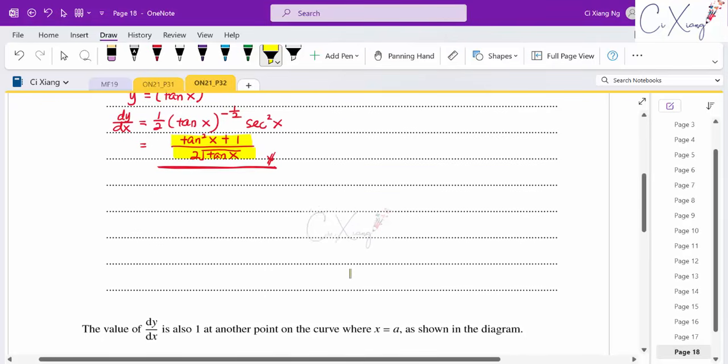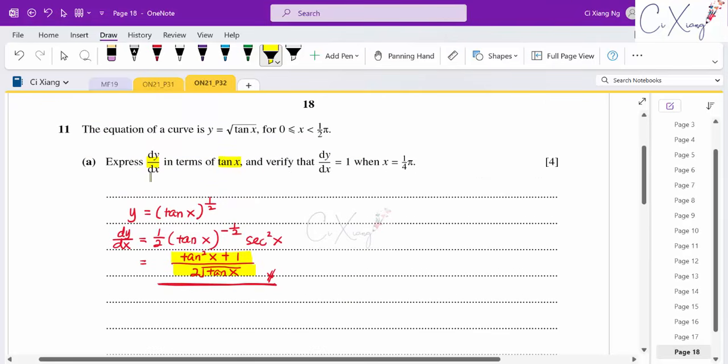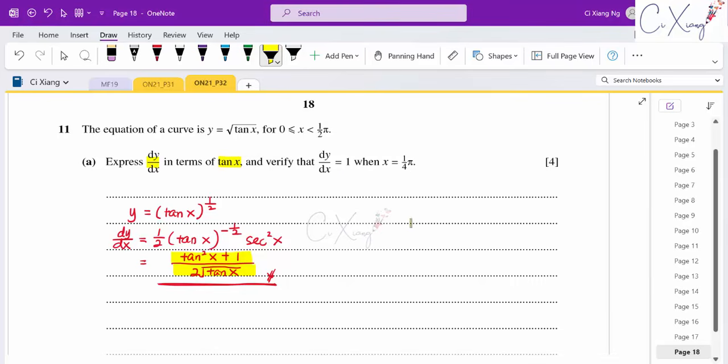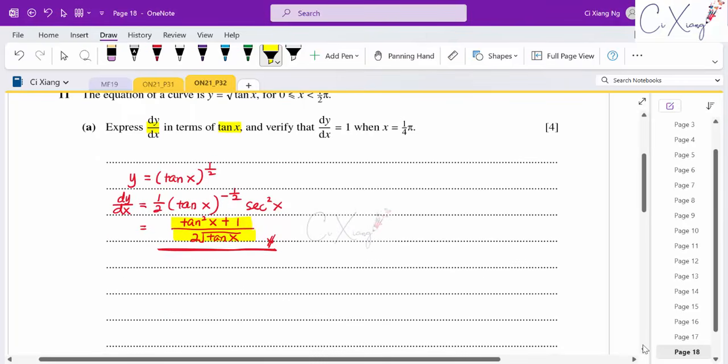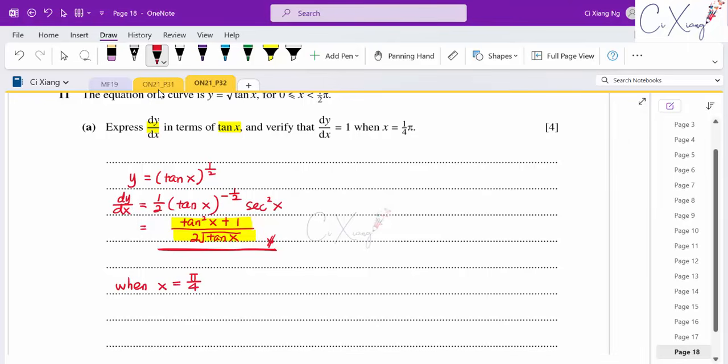Oh sorry, I haven't completed the question yet. After I find dy/dx, I need to verify that dy/dx equals 1 when x equals pi over 4. That means now you have to substitute your value. When x equals pi over 4, what do I have for dy/dx? I have tangent pi over 4, squared, plus 1, divided by 2 square root tangent pi over 4.